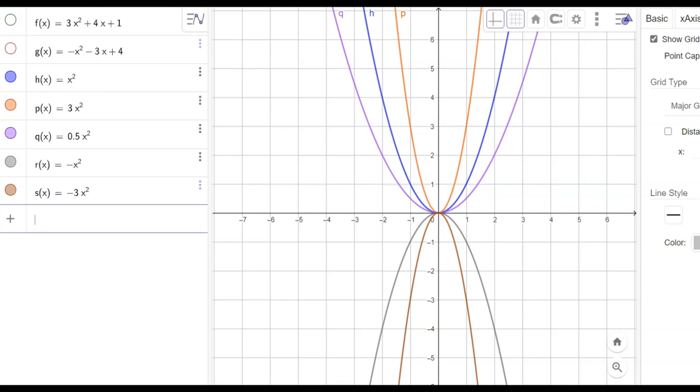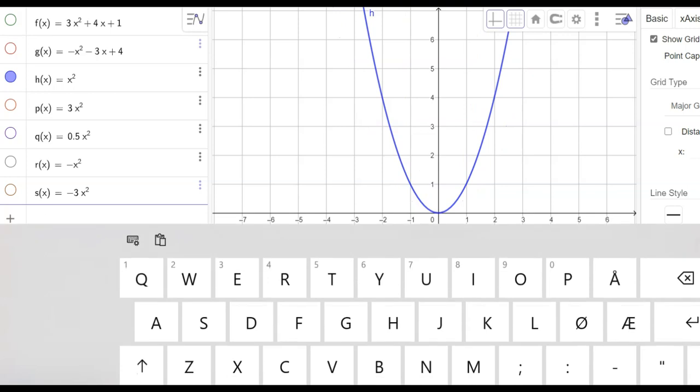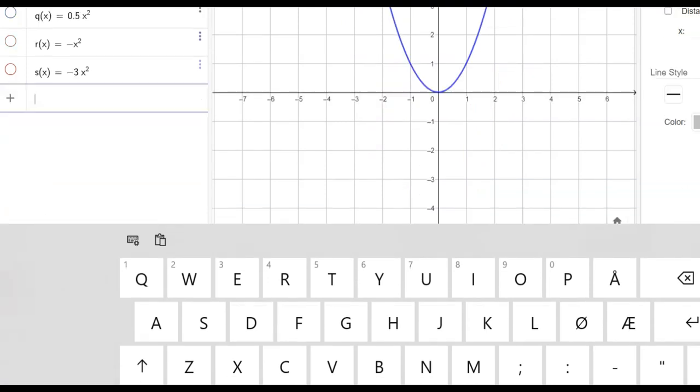The only difference is that they have a minus in front of one, so they become below the x-axis. So in this way we can draw the simplest cases. What happens if I, for example, write this?